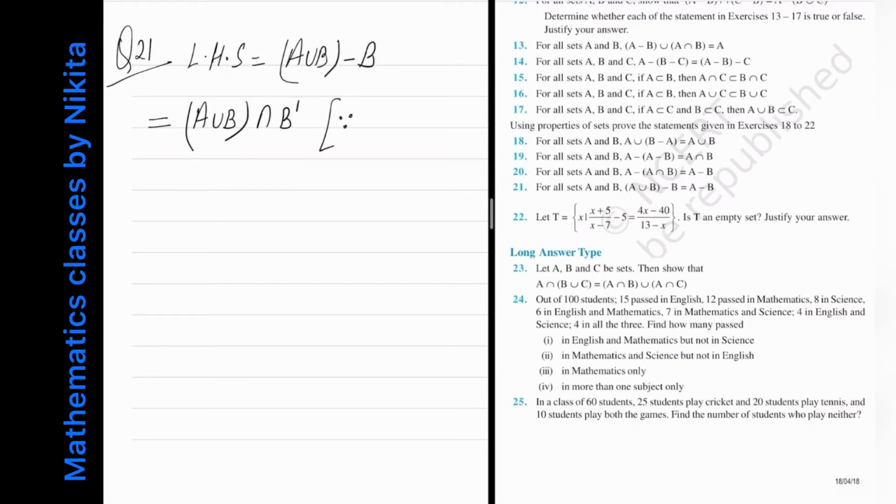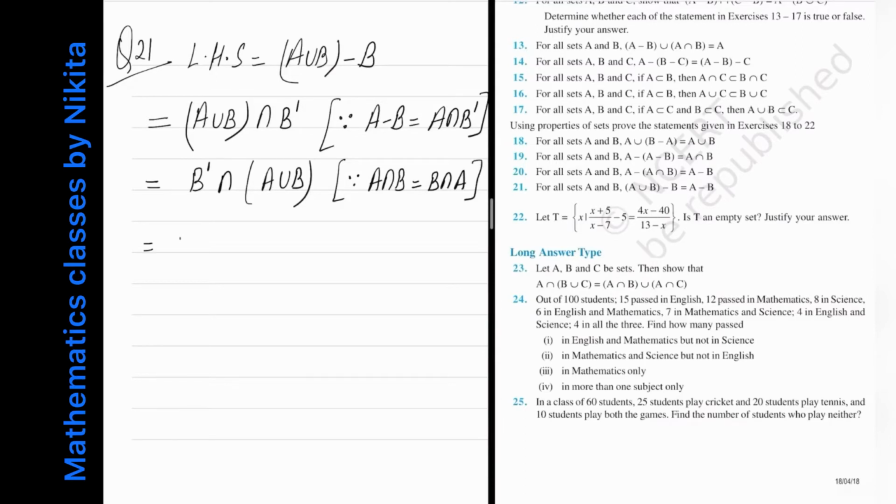Which property have we used? That A minus B is equal to A intersection B complement. Now I am applying the distributive property. First of all, I can write this as B complement intersection (A union B). Here I have used commutativity, that means I have used that A intersection B is same as B intersection A.